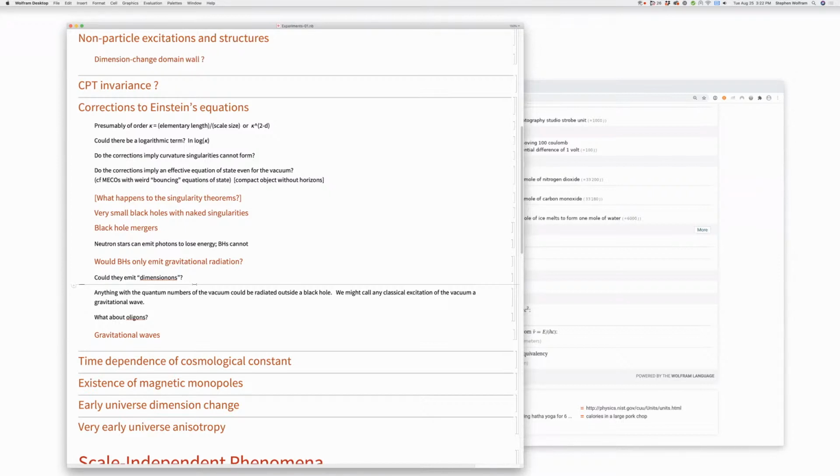The no-hair theorem is hanging by a thread. I mean, let's be realistic. The no-hair theorem has definite hair to it, so to speak. Maybe Jose can say a little bit more about that. So one question would be, what if it wasn't precisely a four-dimensional black hole?